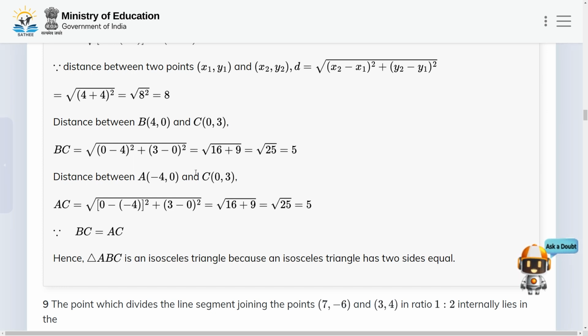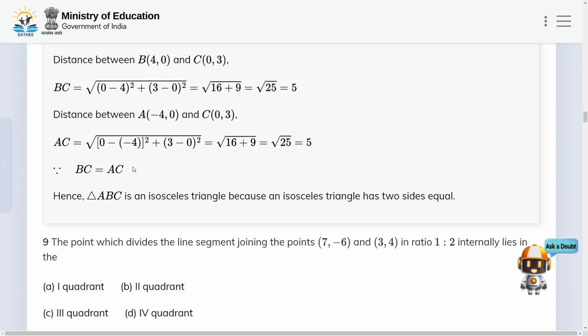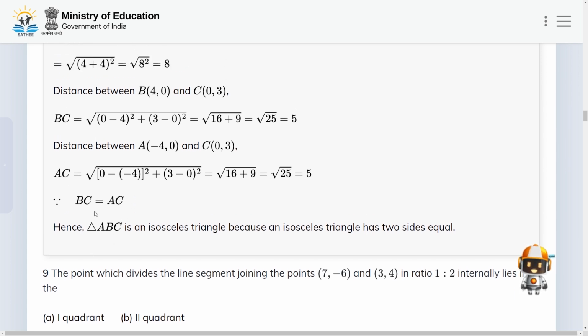And the distance between A(minus 4, 0) and C(0, 3), that is AC, is equal to the square root of (0 minus 4) whole square plus (3 minus 0) whole square, which is the square root of 16 plus 9, the square root of 25, equal to 5. So here BC is equal to AC, and hence triangle ABC is an isosceles triangle, because an isosceles triangle has two sides equal.